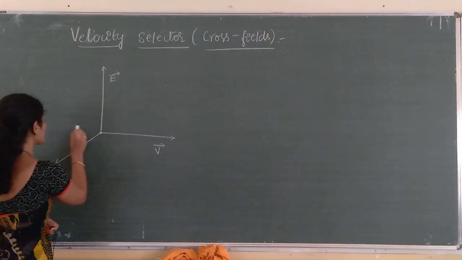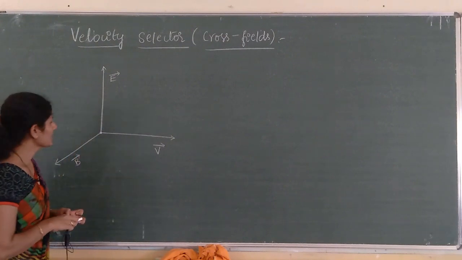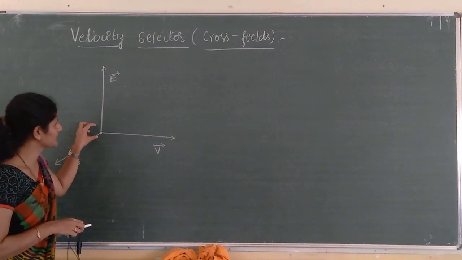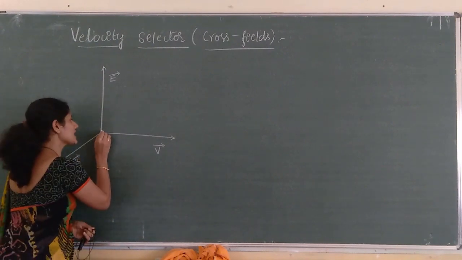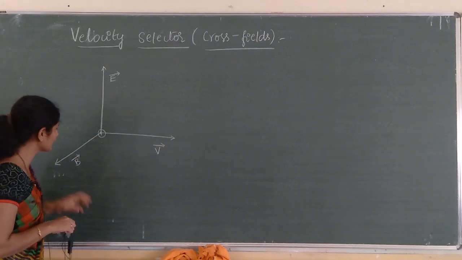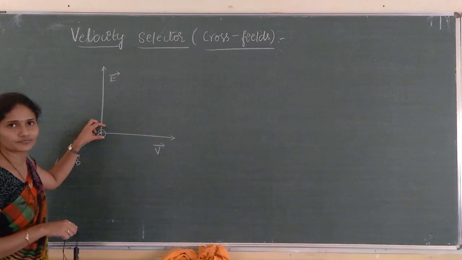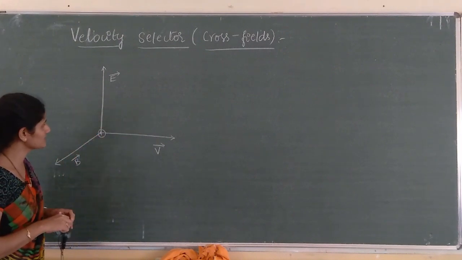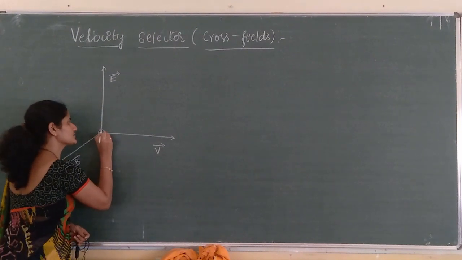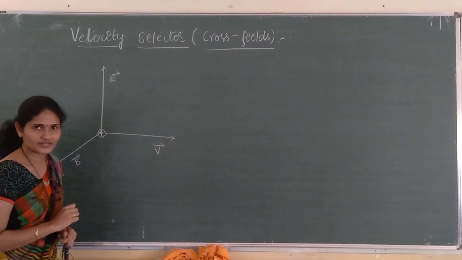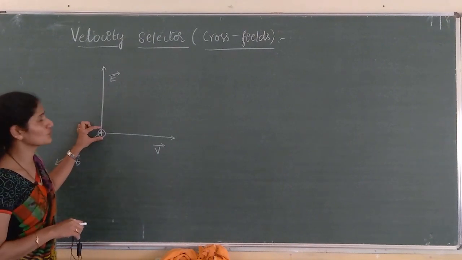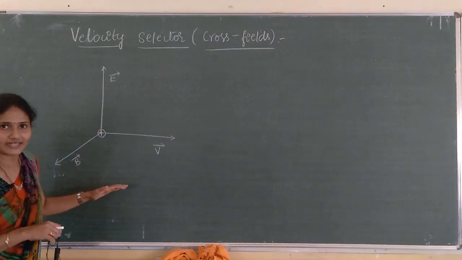So here we have a beam of charges, and the charged particles are coming here. When a charged particle enters this crossed field, what happens to that charged particle? Here we are considering a positively charged particle. It is traveling in the presence of both electric field as well as magnetic field.